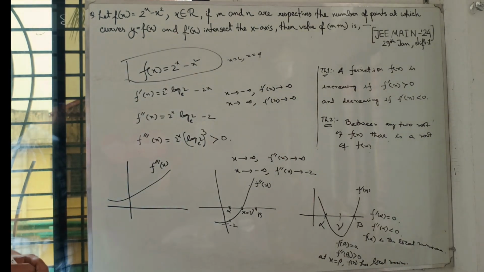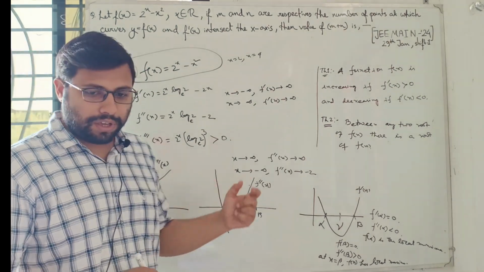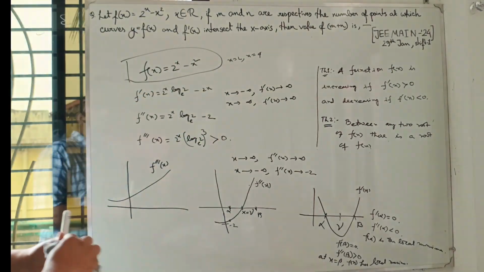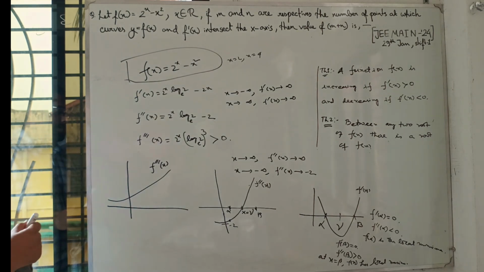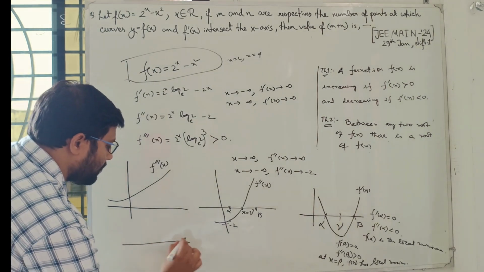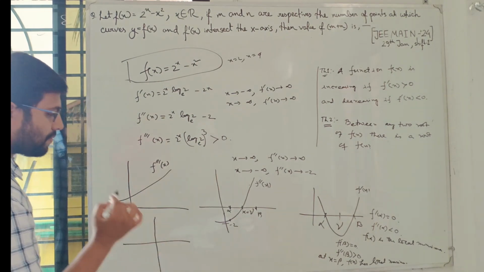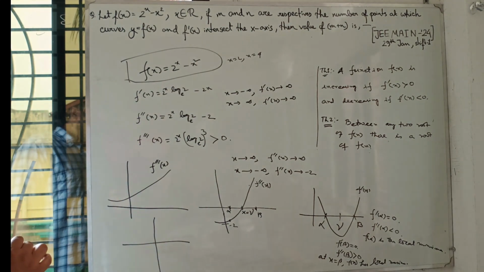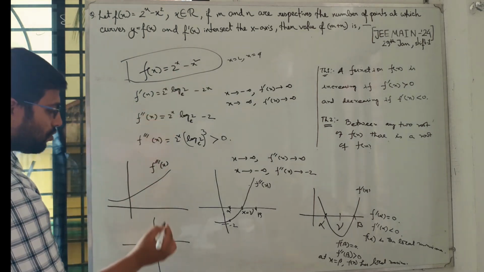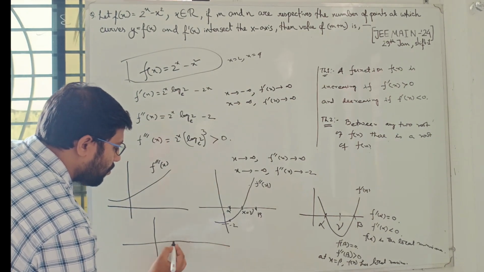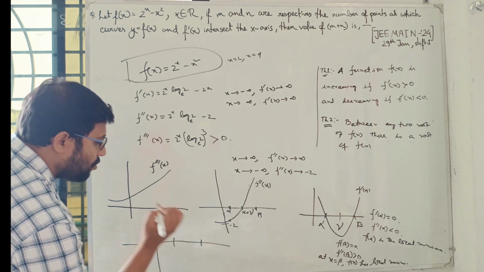Now we will finally draw the graph of f(x). Clearly 2 and 4 are solutions, so it will cut the x-axis at 2 and 4.